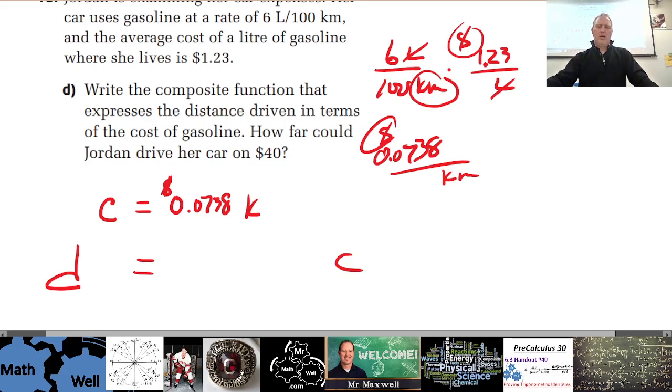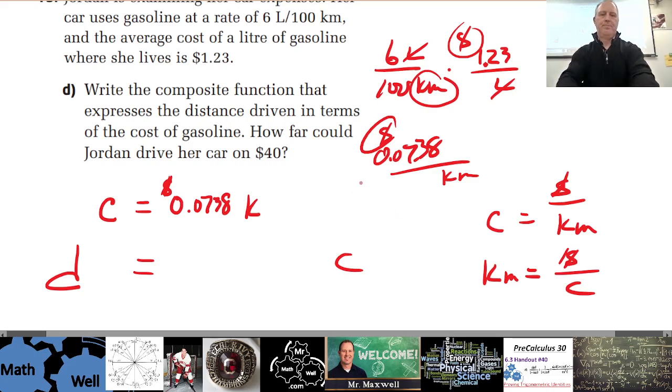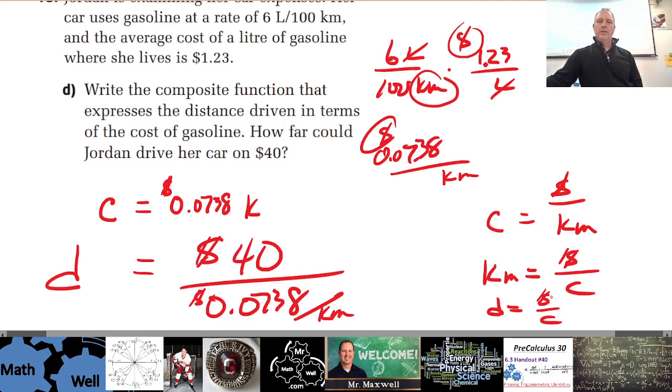Cost is money, dollars per kilometer, and I want kilometers, so I guess kilometers is going to have to be dollars divided by cost. So distance is money, your total, divided by the cost.